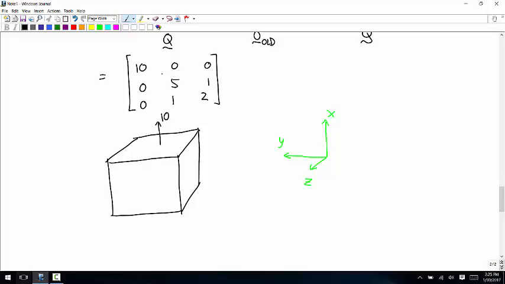But remember that for equilibrium, on the equal and opposite faces, we have to have equal and opposite tractions. So if we have 5 on this obscured face going this way, it means 5 going that way on the face we can see. And then we have 1 in the positive Z direction on the obscured face, so coming towards us.